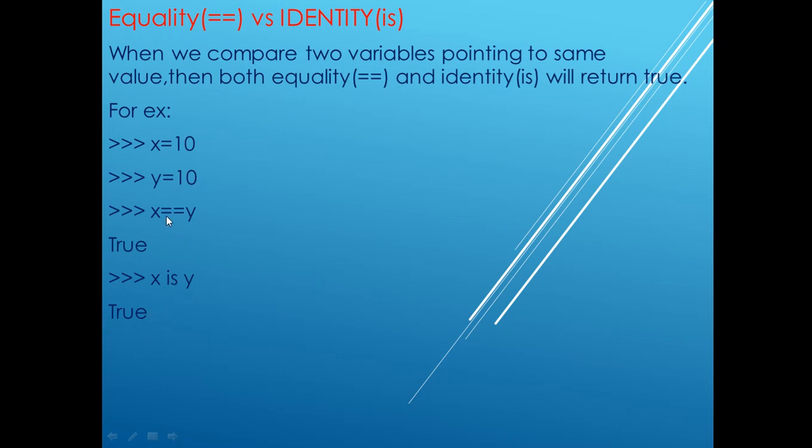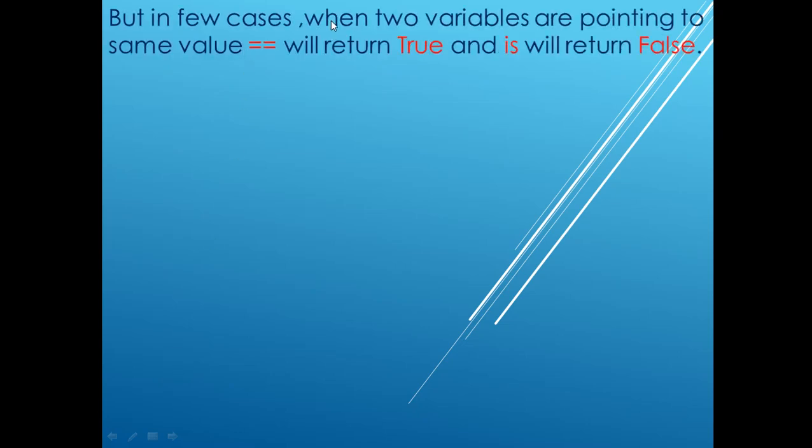So in this case, when x value 10 and y value 10 variables are defined, both equality as well as identity return true. But in a few cases, when two variables are pointing to the same value, equal to will return true and is will return false.